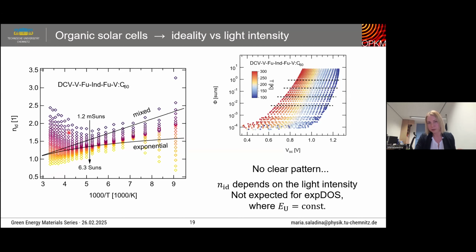For the purely exponential density of states with a single slope, we would expect that it doesn't depend on the light intensity, so we would have one point for each temperature. So this tells us that probably the density of states deviates from the exponential, and if it deviates from the exponential, the characteristic energy will depend on how deep we are in the density of states.